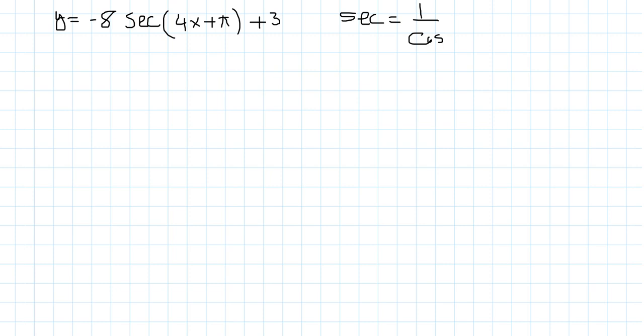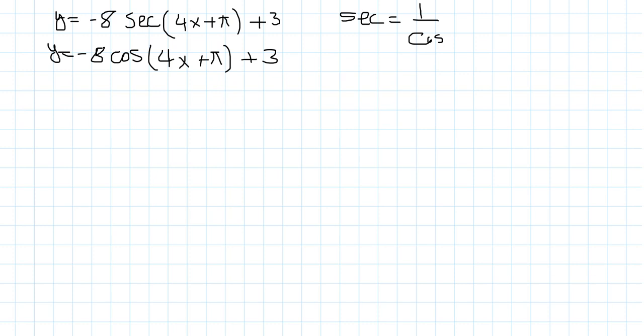These are my vertical asymptotes. But at first I should draw the graph of y equals minus 8 cosine of 4x plus pi, plus 3. It's better to draw it at first.